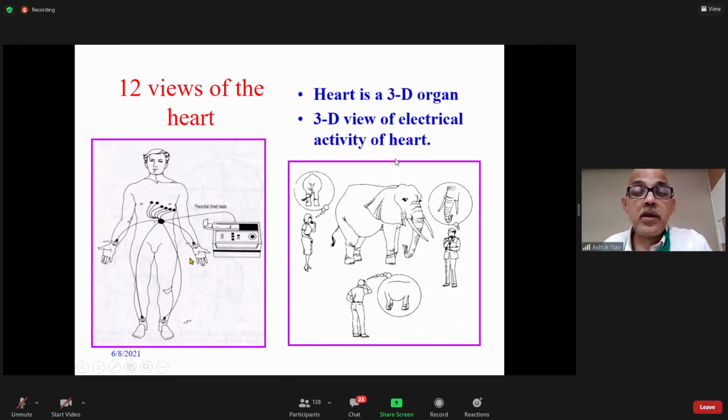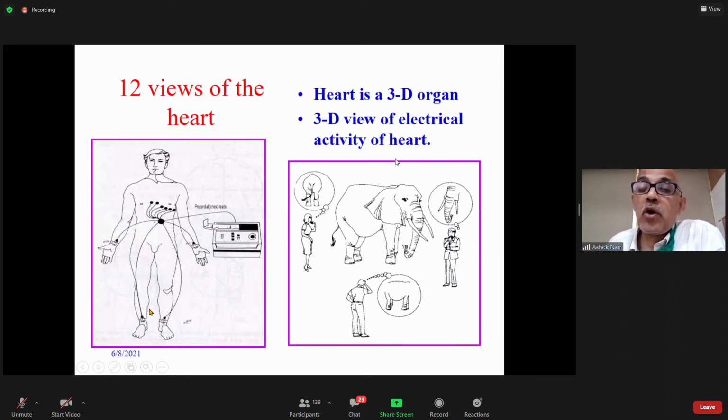Difference in potential between left arm and left leg is another lead. Difference in potential between left leg and right arm is another lead. You have chest leads located at V1, 2, 3, V1 to V6.